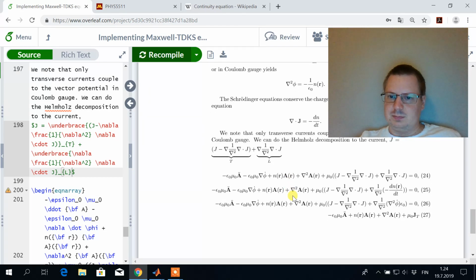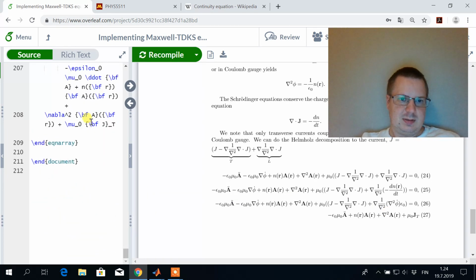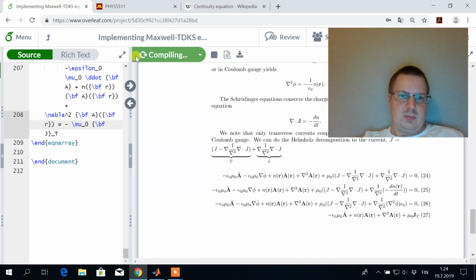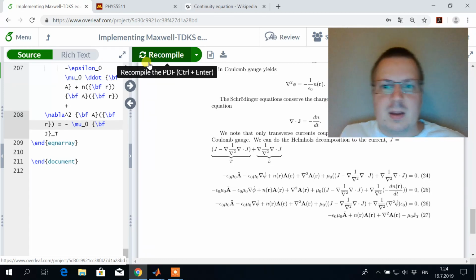So, and then I guess at this stage it's probably worthwhile to put the current as a source term to the right hand side of the equation.